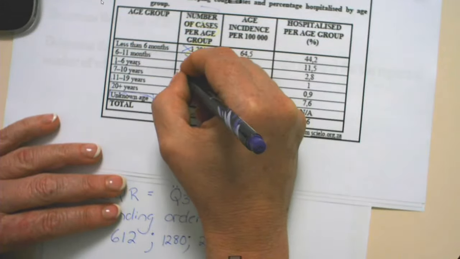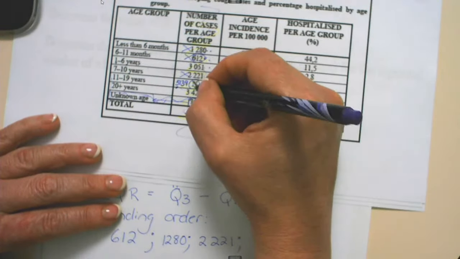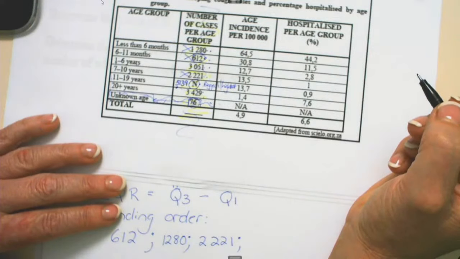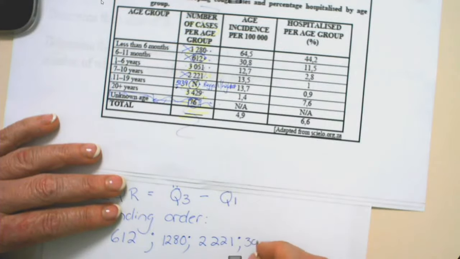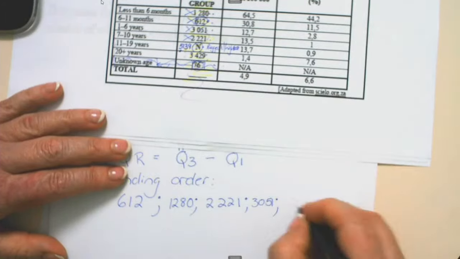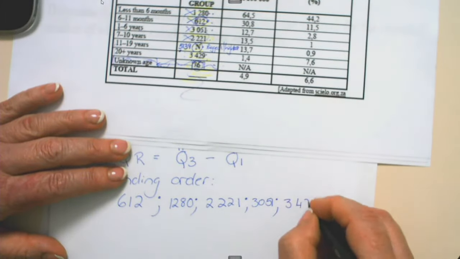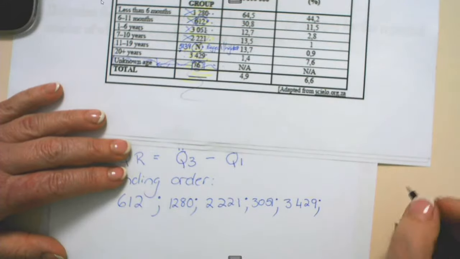I'm scratching it out. Then, which one is first, 3,051 or 3,451? Definitely the 3,051. Okay, I've used this one. The next one is 3,429.